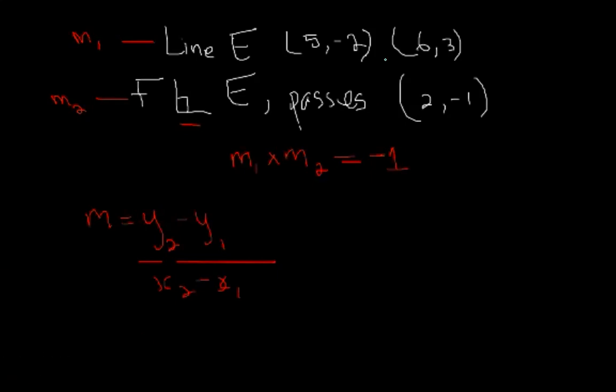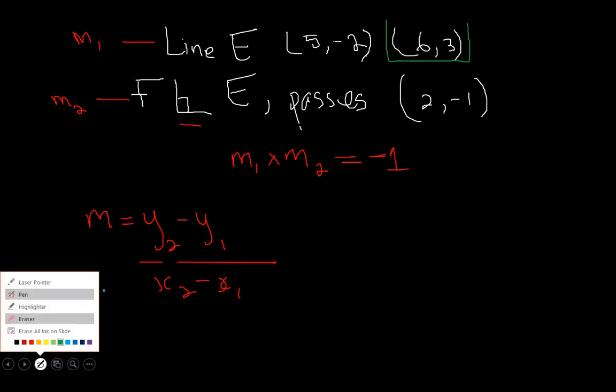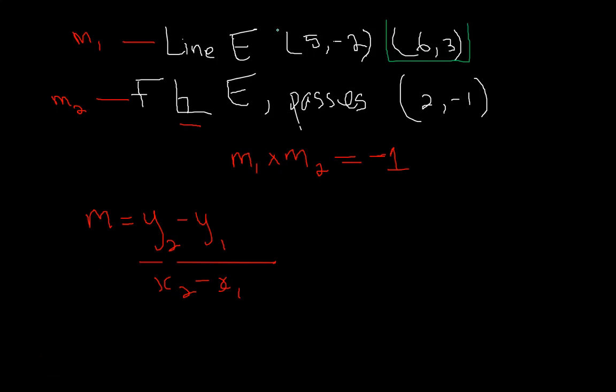So I want this coordinate to be my x1, y1, and this coordinate to be my x2, y2.